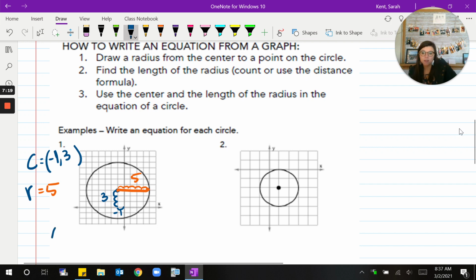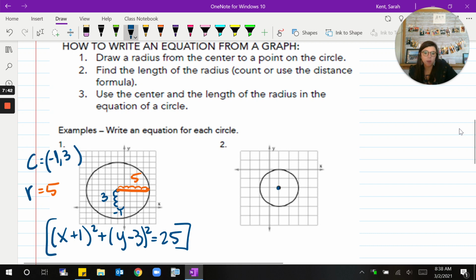So for my equation, I'll have x. My x is negative 1, so I want plus 1 squared plus y minus 3 squared equals r squared, 5 squared. 5 squared is 25. All right, number 2, for the center, we go over 1, down 1, 2. So for our center, we've got 1, 2.